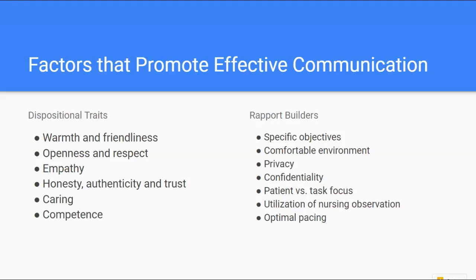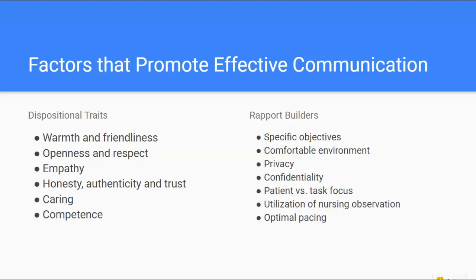So warmth and friendliness is initiating that helping relationship, and being pleasant and friendly, smile, although with masks it's kind of hard, but still you can radiate that warmth and friendliness.